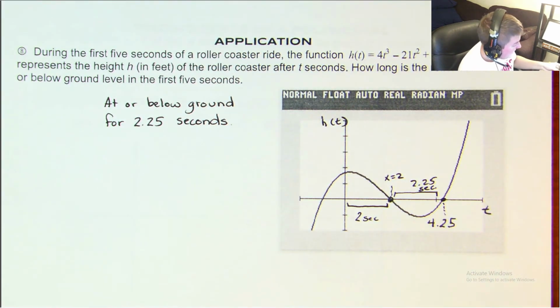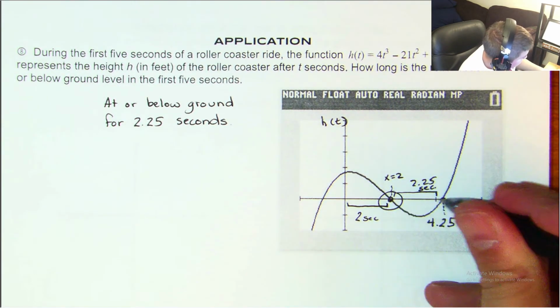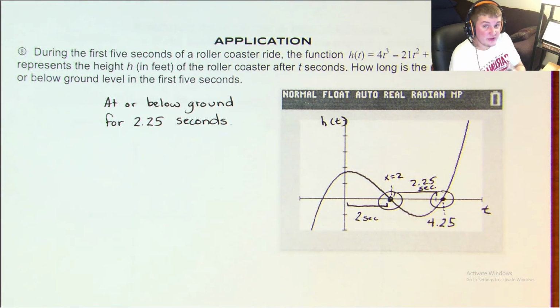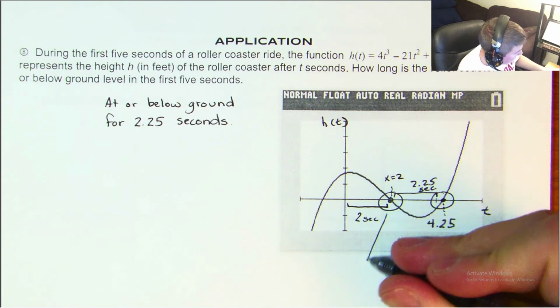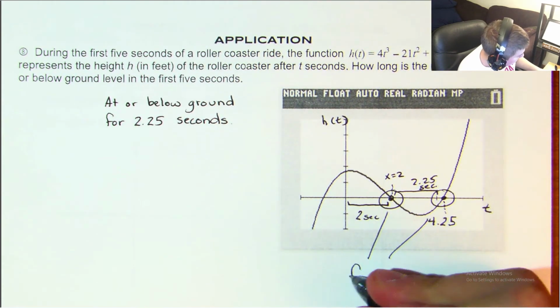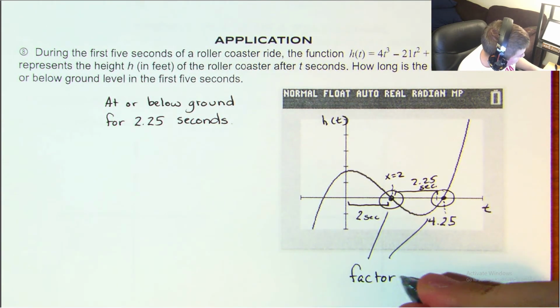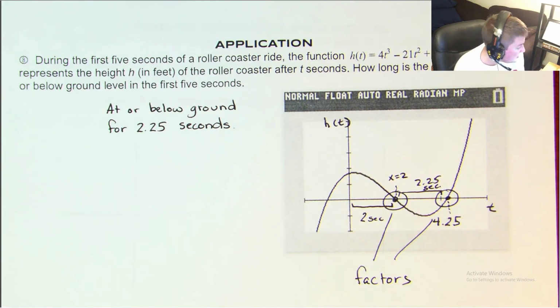Okay, and you see these values here. Those are the values that make it equal to 0. You're going to find out that these end up being factors, because those are the x values where the function is at 0.